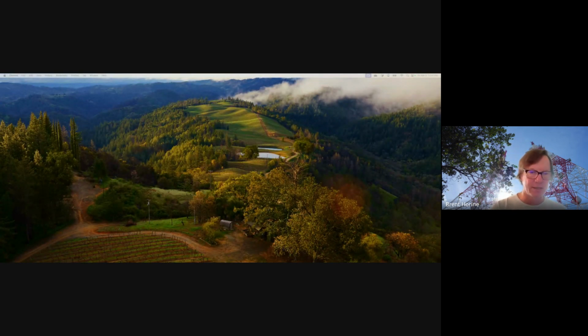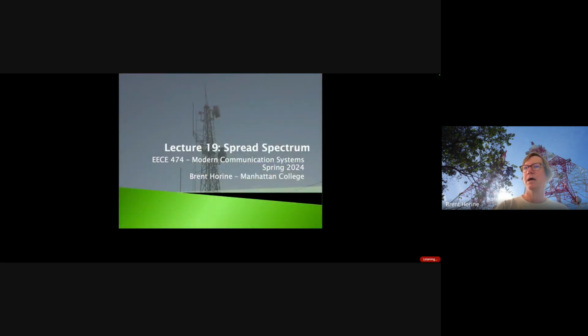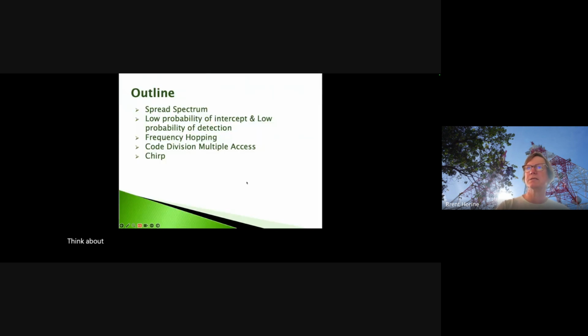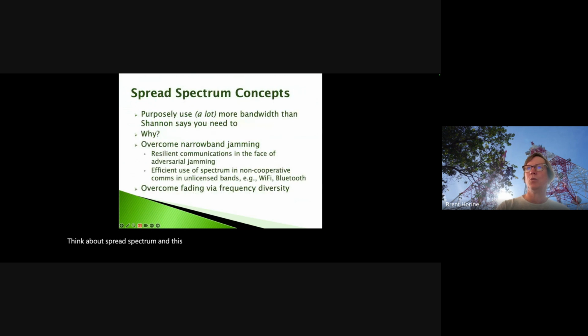I've got just a few minutes, so I'm not going to start my next lecture, but I will preview it. We will talk next week about spread spectrum. This is basically when we looked at what Shannon says with that capacity theorem, right?